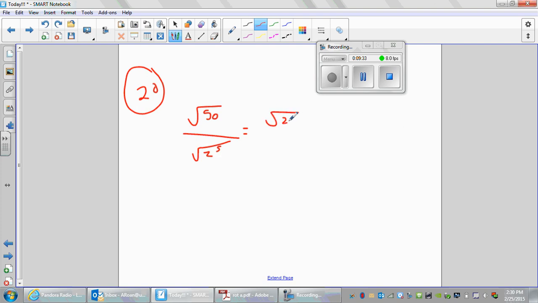So 2 times 5 times 5 all over z to the 5th. So then we pull out a 5 on top. So I will have 5 radical 2 all over the square root of z to the 5th. And I'm fine with you leaving it like that.